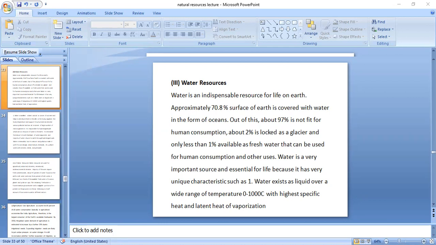Next is changes in fisheries and the spawning grounds. Now, due to a dam, the fisheries can be impacted and the spawning grounds can also be impacted.